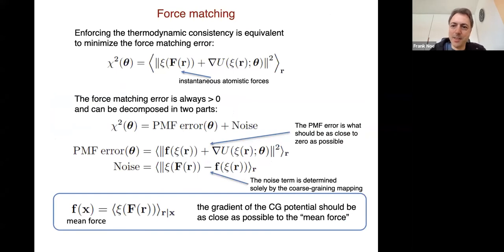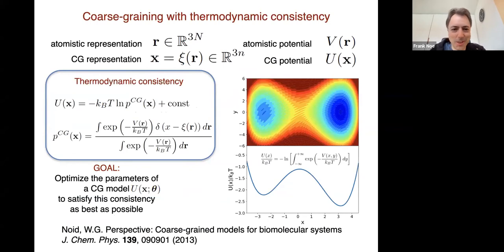And basically dealing with free energies usually involves integrals that are not analytically solvable. But fortunately for this specific problem, there is again a variational formulation that allows us to train a machine learned model without having to solve the integrals.